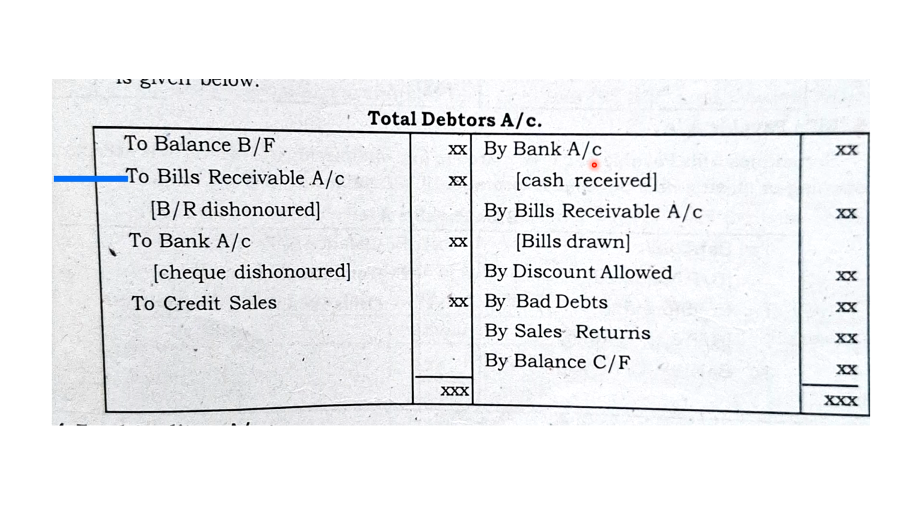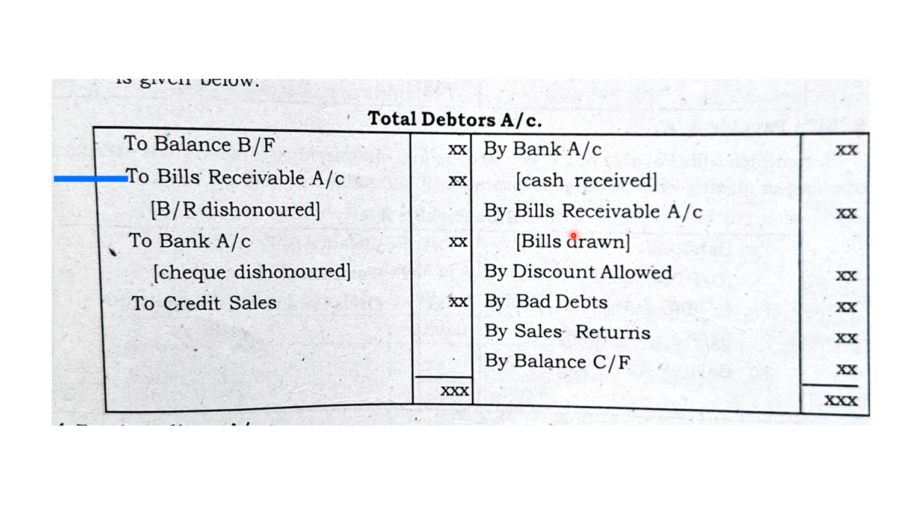At the same time, there might also be information on cheque received from debtors. That has to be written on the credit side as 'By bank', and it will be recorded as cheque received. Then there might be information on bills receivable received or bills drawn on debtors.